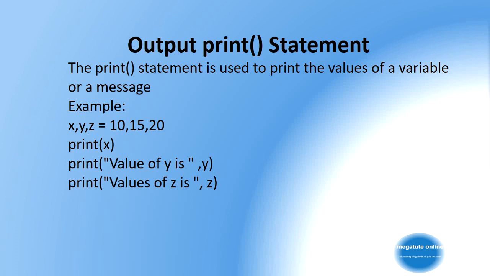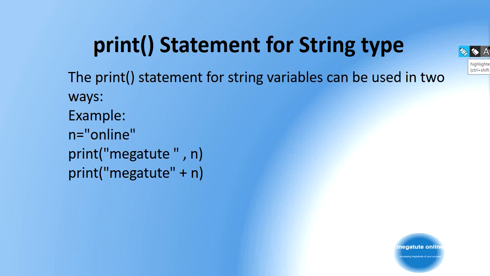So we can print a message along with a variable by using a comma operator over here. All right. But when I deal with strings, to print those string variables, I can do it in two ways.